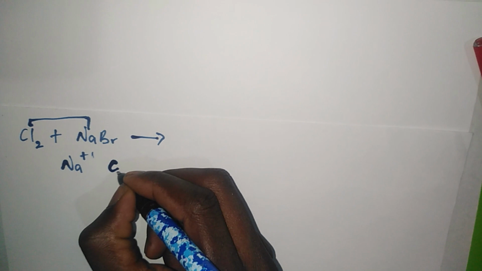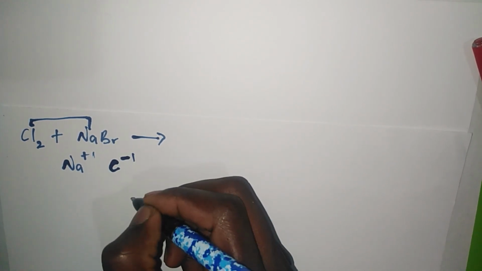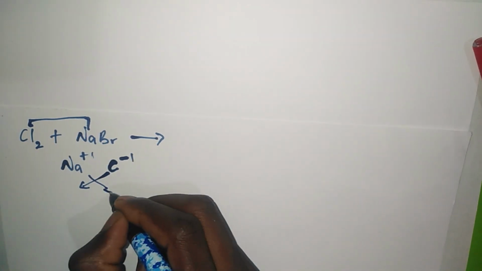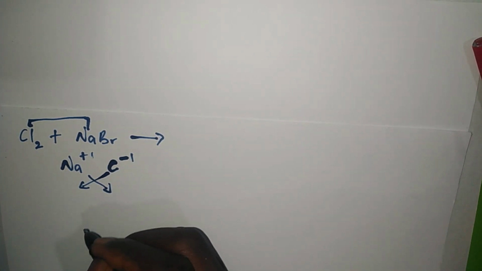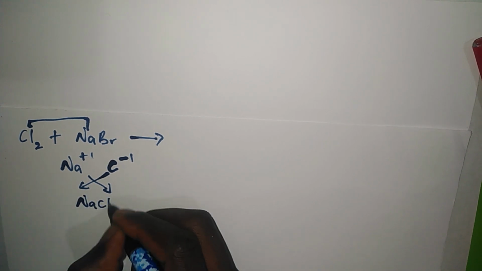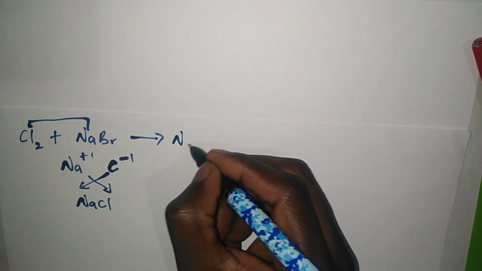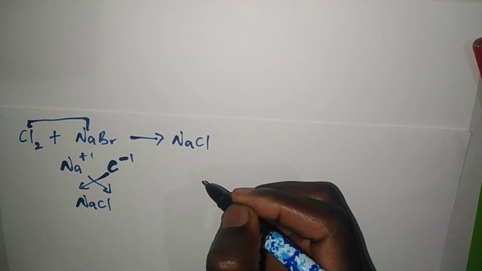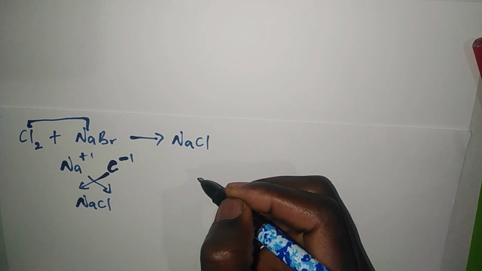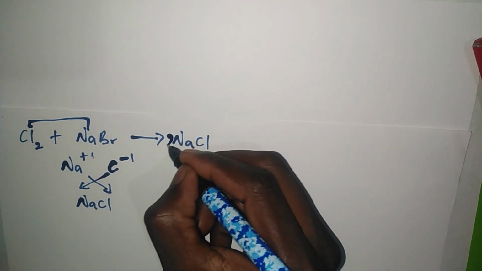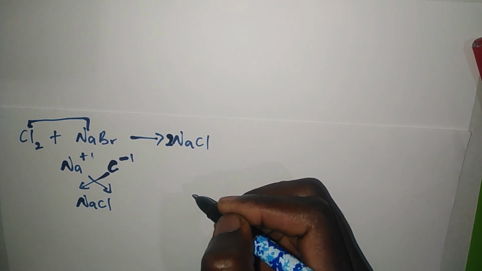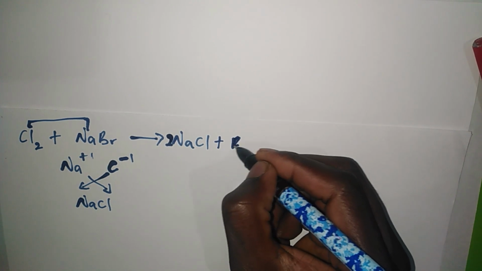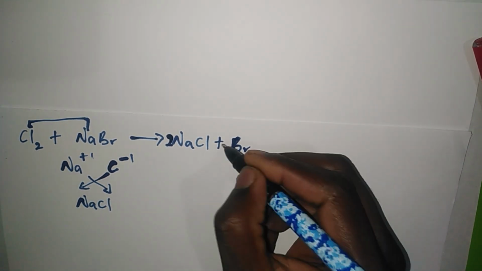Chlorine has a -1 charge. Therefore, because both of them carry the same charge, we'll put them in a 1-to-1 ratio. So it's going to be sodium chloride, right? So you check if the charges are balanced, and in this case they are not. So you add 2 here, right? And then you put bromine here, plus bromine. So you add 2 here.